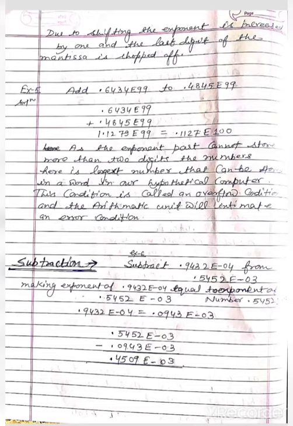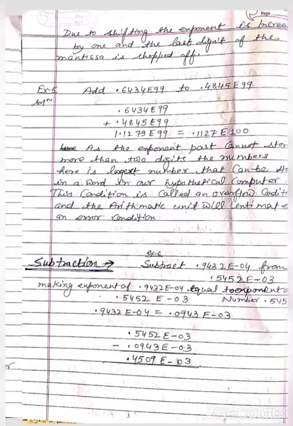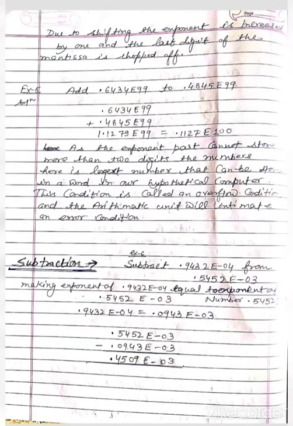Now taking example number 5, add these two numbers. Here both the numbers' exponents are 99. Now adding both these numbers gives this result.